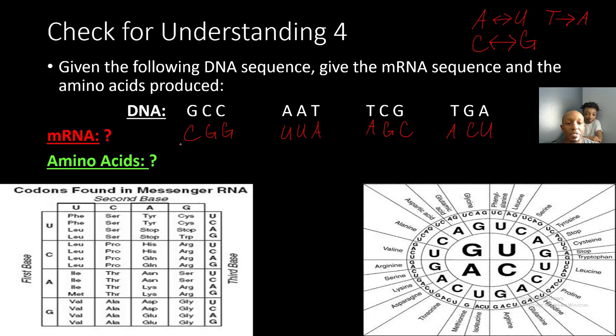So now let's take a look at the amino acids that code for these codons. So CGG. Let's take a look at our codon wheel. CGG. We have arginine, so ARG. And then we have UUA. And let's look at our codon chart. So UUA, and that's going to be leucine.